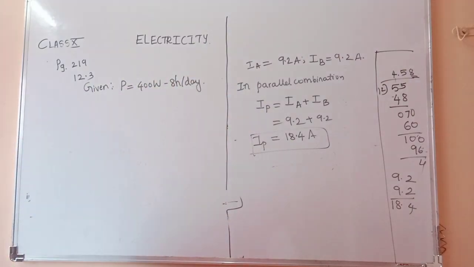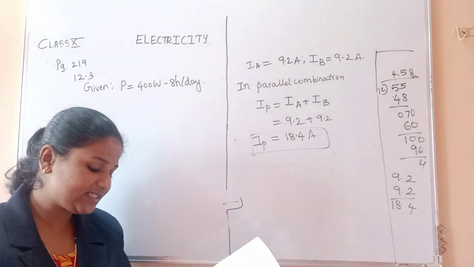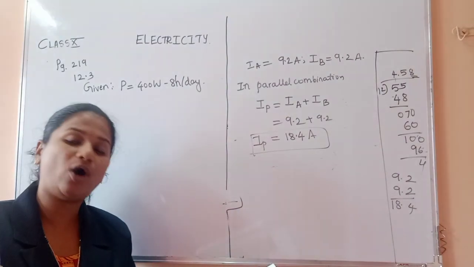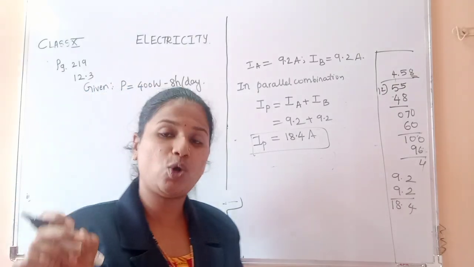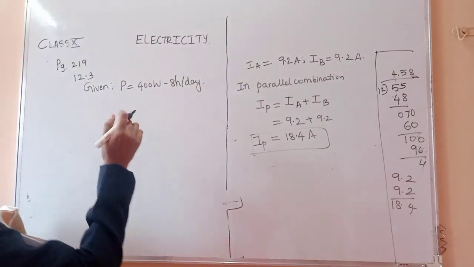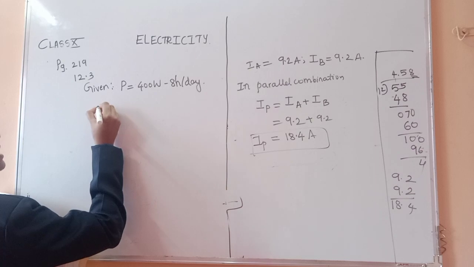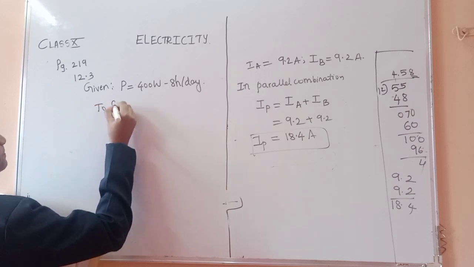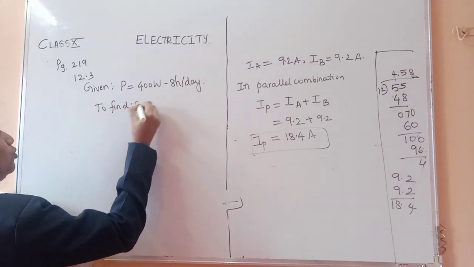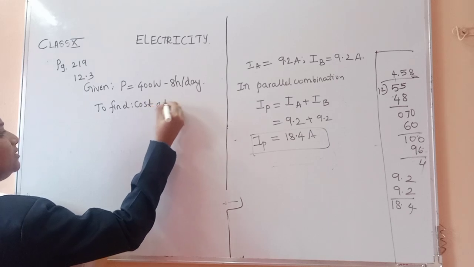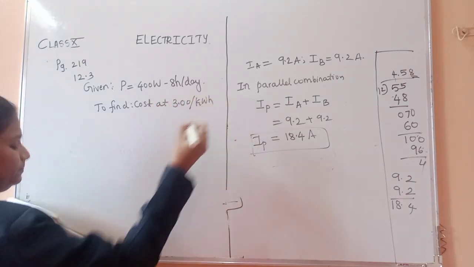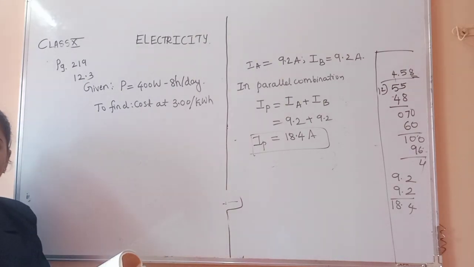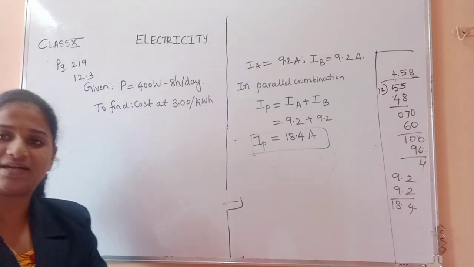Next, what is the cost of energy to operate it for 30 days at 3 rupees per kilowatt hour? So at 3 per kilowatt hour, they asked to find the cost.